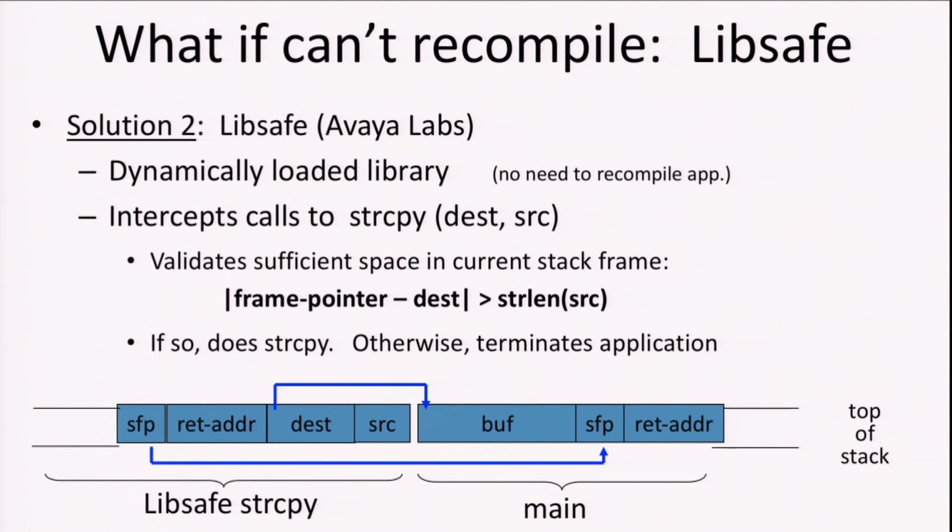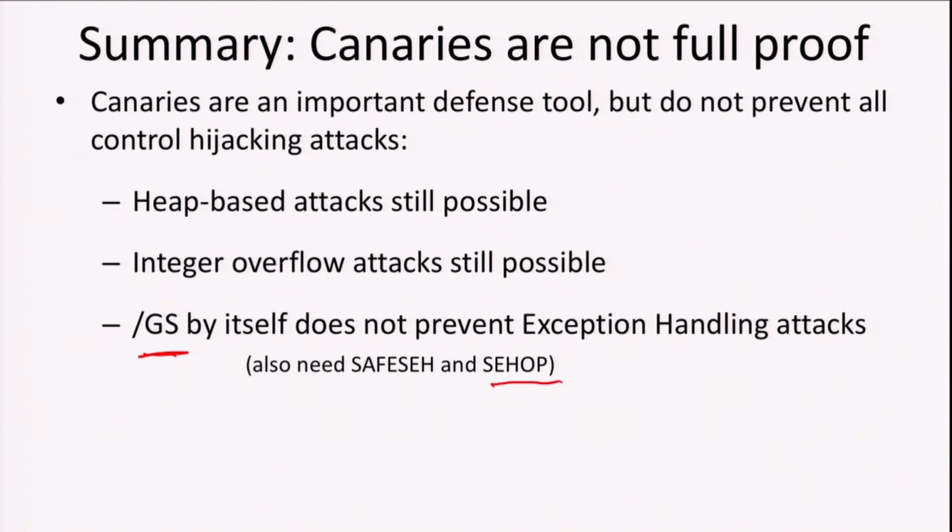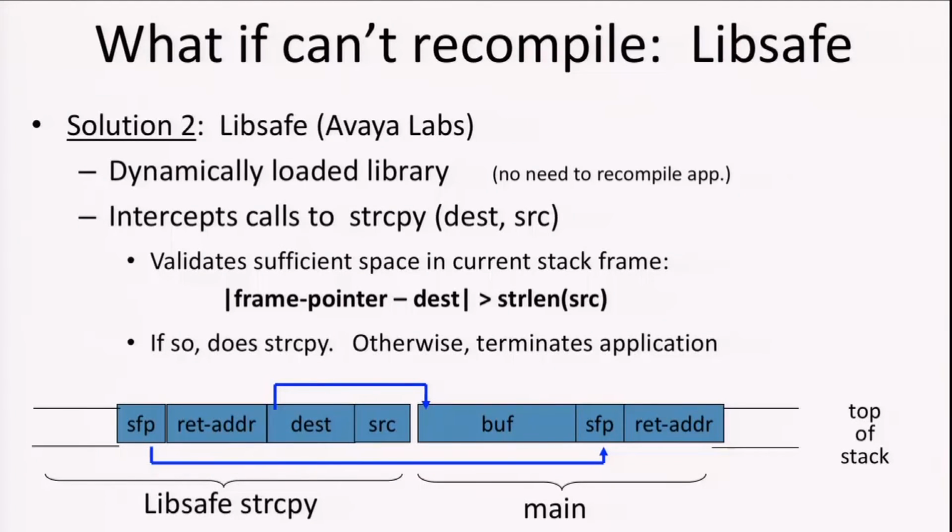Now the previous techniques, as you saw, like StackGuard or SEHOP and things like that, all require you to recompile your code because you have to turn this on. What if you cannot recompile your code because you don't have the source or for some other reason?